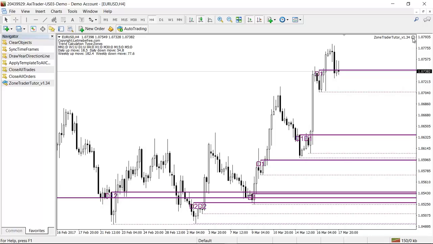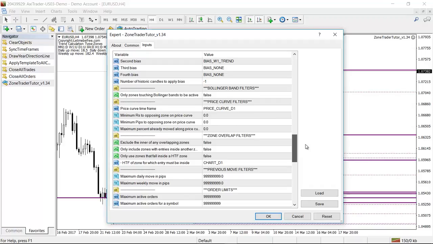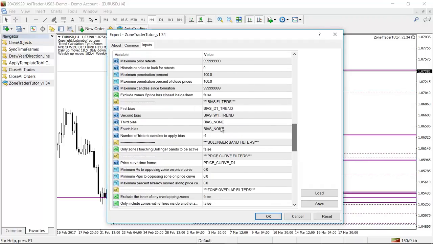Now, one thing which can be quite useful regarding the bias settings, so we just come down to them now, and we'll see there's actually a number at the bottom. This allows you to change how far back the bias applies. So we may only want to have demand zones that formed within, say, the last 30 candles being affected by bias, in which case we just set this to 30.